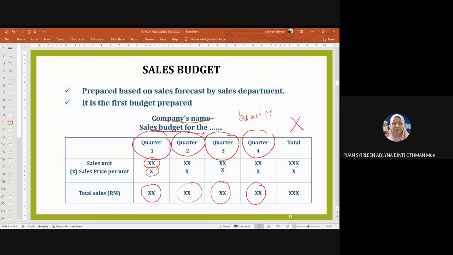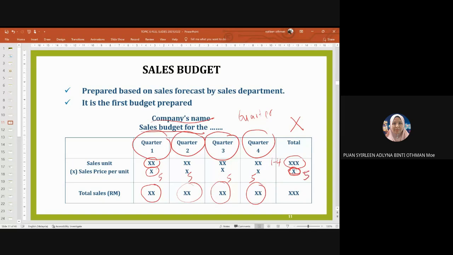Okay, so apa yang kita campur dekat bahagian belakang ni? Okay, sales unit ni saya campur 1 hingga 4 lah. That means I am going to add up all the sales unit from quarter 1, quarter 2, quarter 3 and quarter 4. Tapi yang ni saya tak tambah ya. Sebab kalau sales price dia RM5, RM5, RM5, RM5, sini pun RM5 lah.